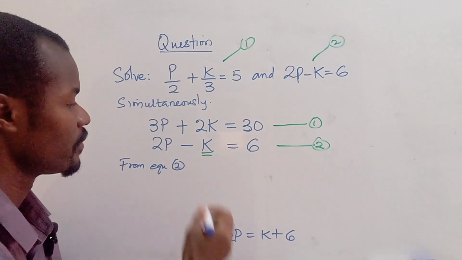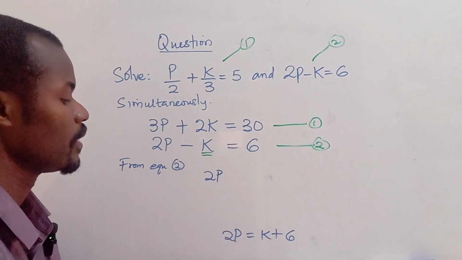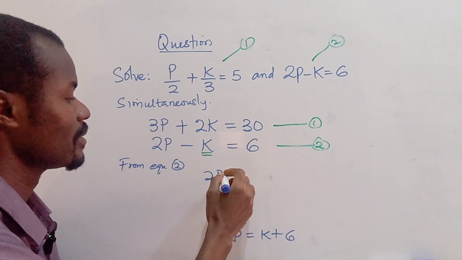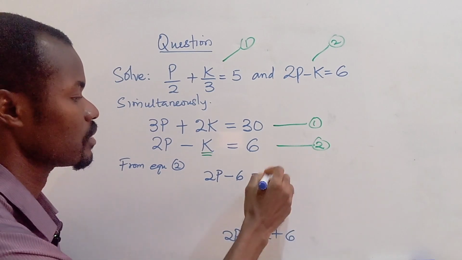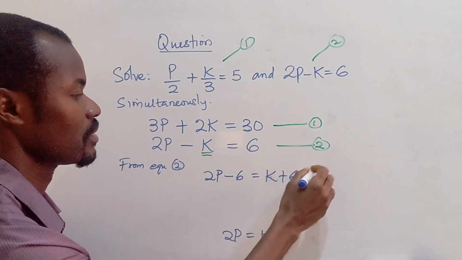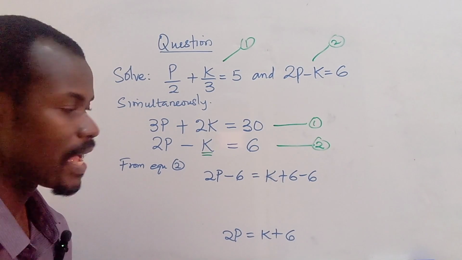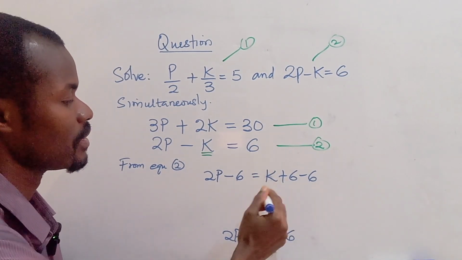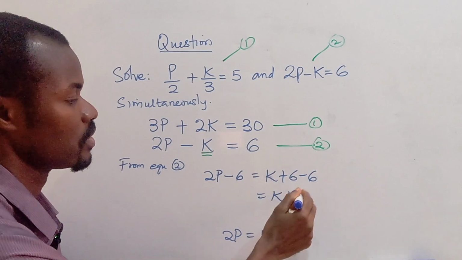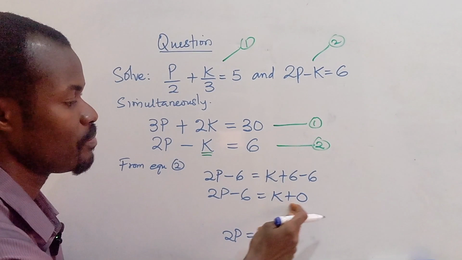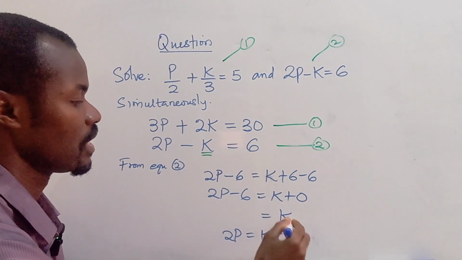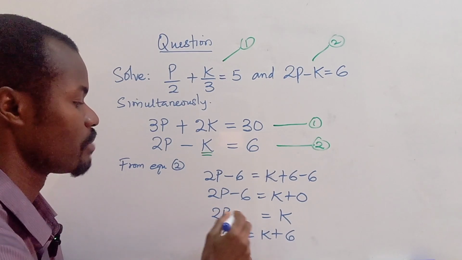So we have 2P minus 6 here, and K plus 6 minus 6, which gives K plus 0. So K plus 0 gives us K, and we have 2P minus 6.